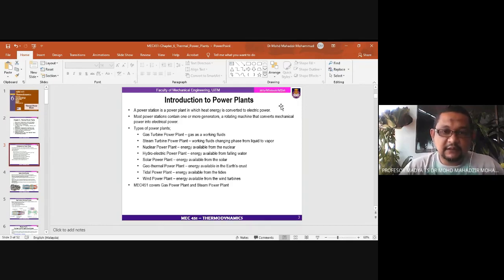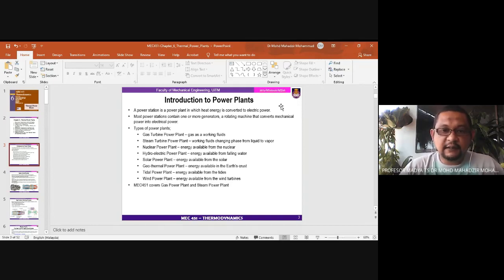So there are various power plants. Number one is gas turbine power plant. You also have the steam turbine power plant, nuclear power plant, hydroelectric power plant, solar power plant, geothermal power plants, tidal power plants, and wind power plant. What do we mean by gas turbine power plant?